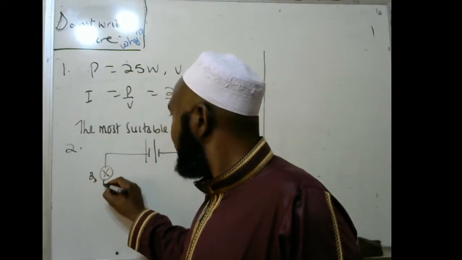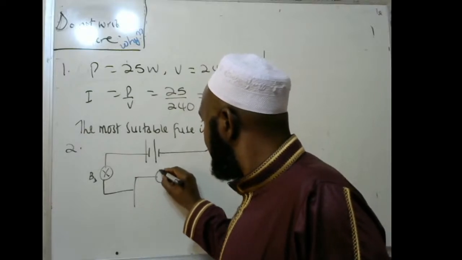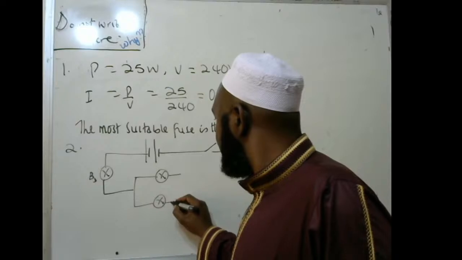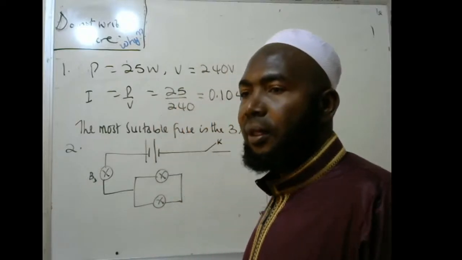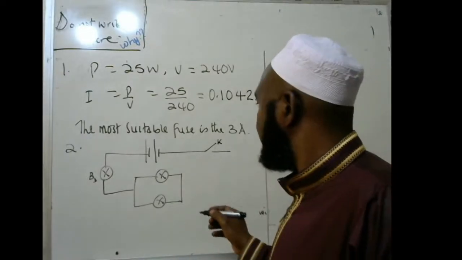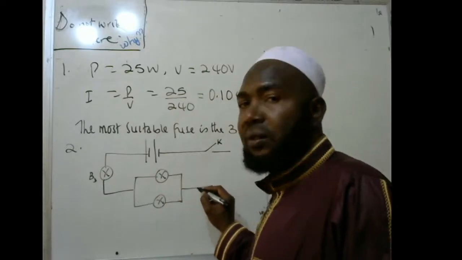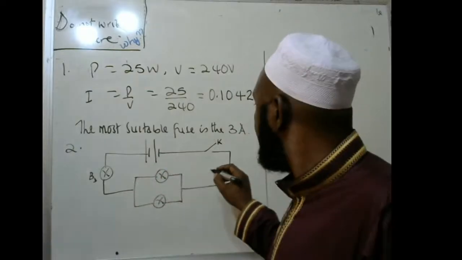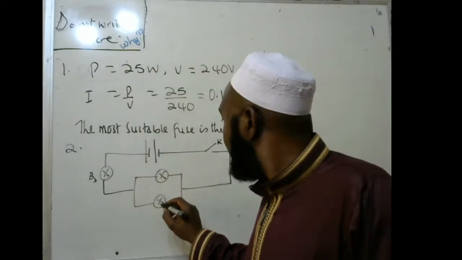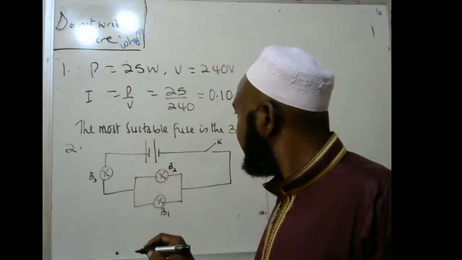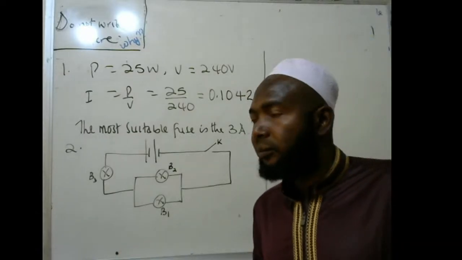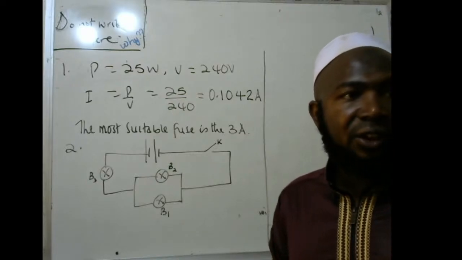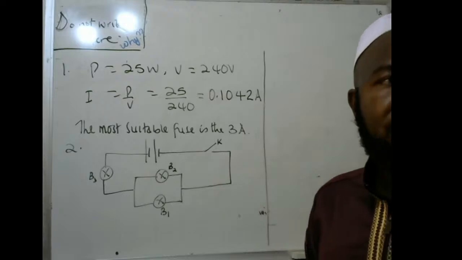This was B3, and this one is B1, B2. So, figure 1 is a circuit diagram set up made by some students.